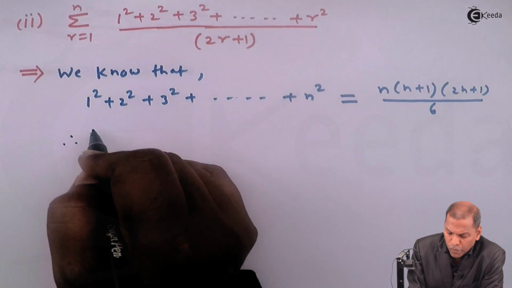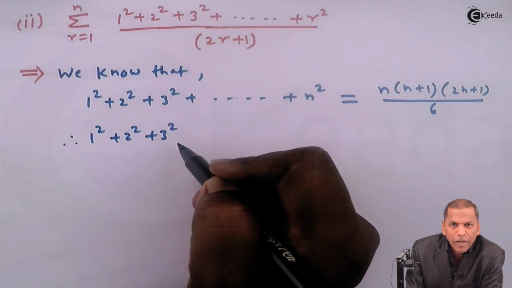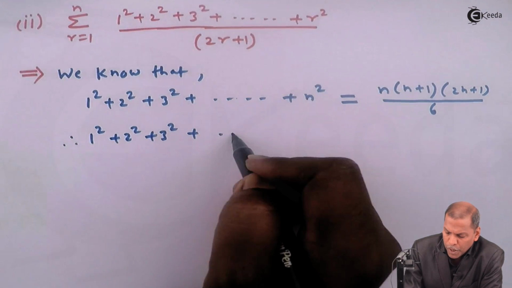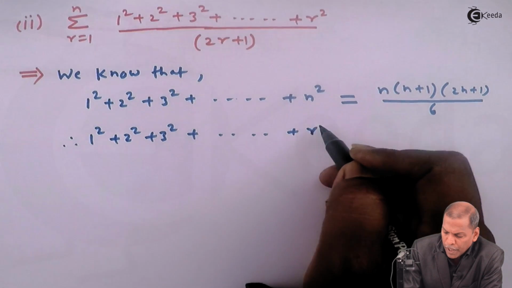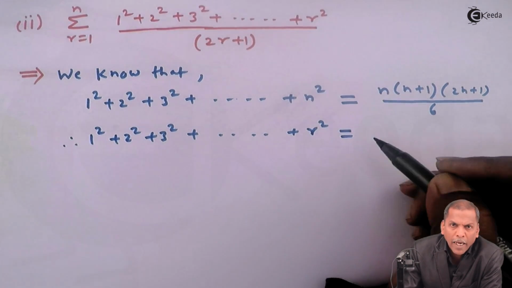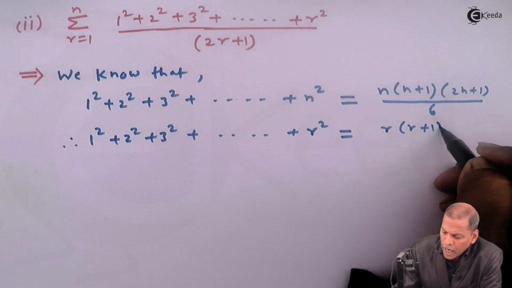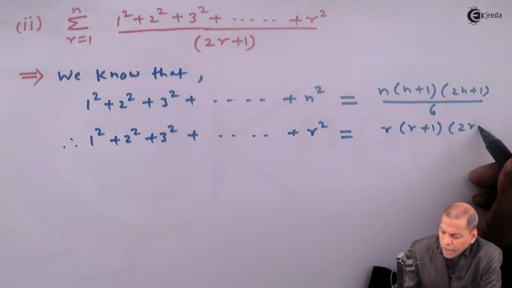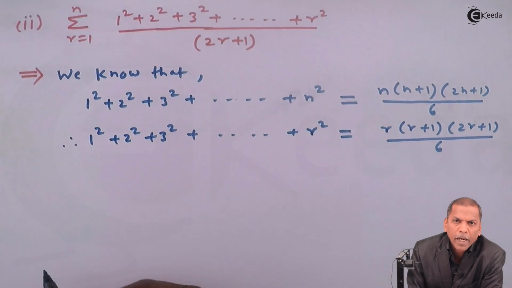So therefore 1 square plus 2 square plus 3 square plus going on plus finally r square, that equal to r in bracket r plus 1, second bracket 2r plus 1 and then whole thing divided by 6.